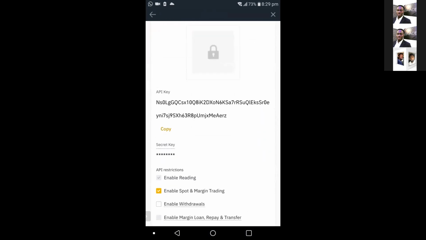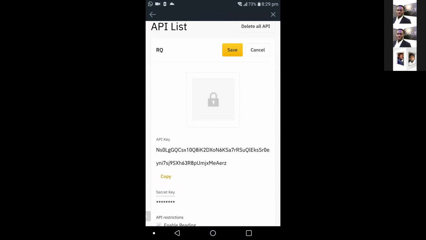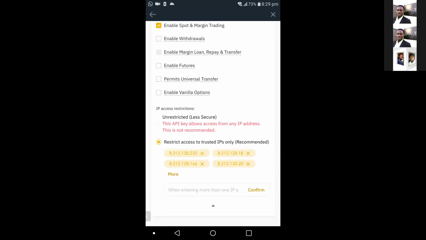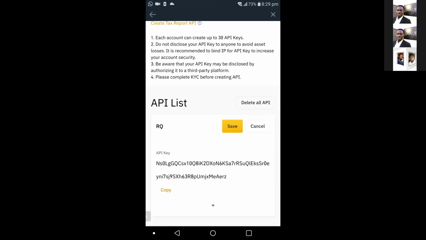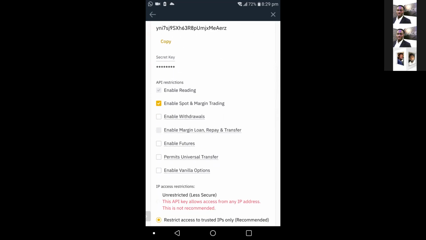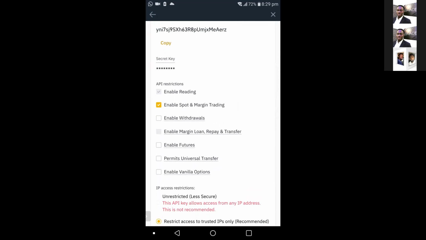Once you create your API, it comes up to this page where it says edit. I've created this before. This secret key is hashed out, but at the time you create it, it will be open. So it's advisable to copy it immediately and copy the secret key to then go over to your RoyalQ app to paste it there.